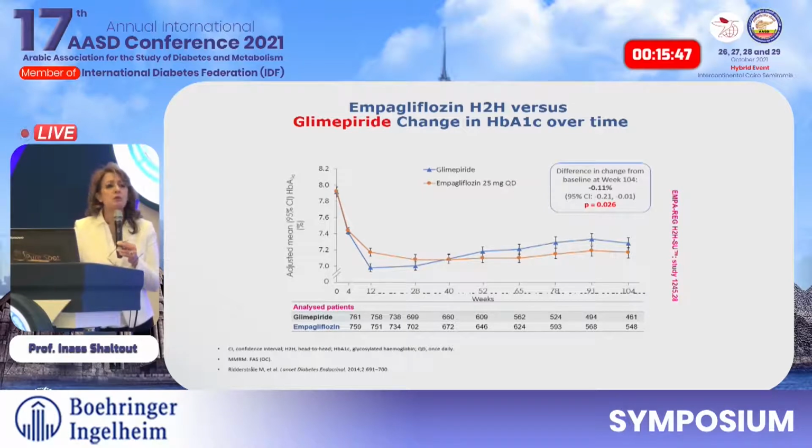It even showed superiority in action, and the hemoglobin A1C in the group receiving empagliflozin was better controlled than even with glimepiride. Also, the action was maintained, as you can see, for 2 years.